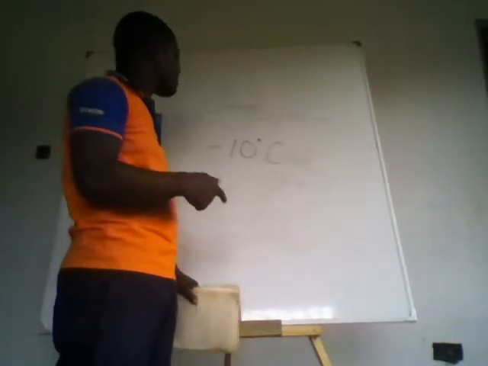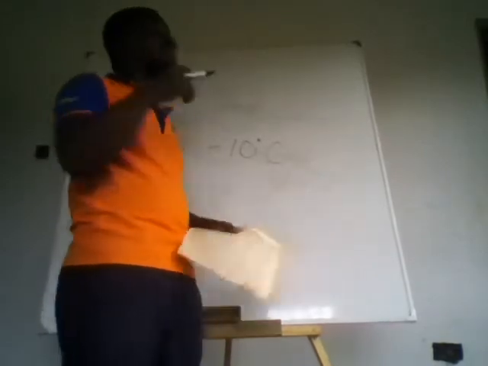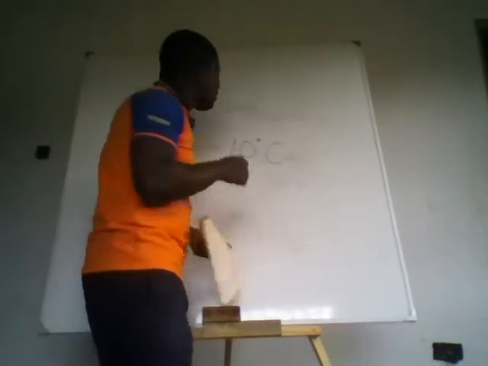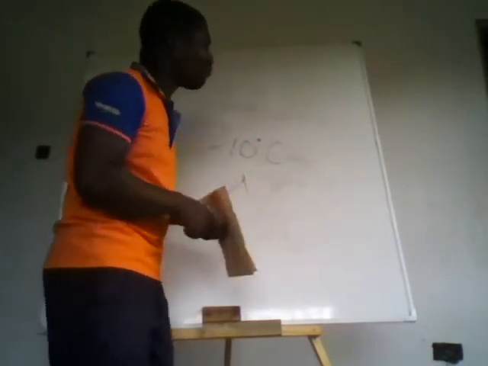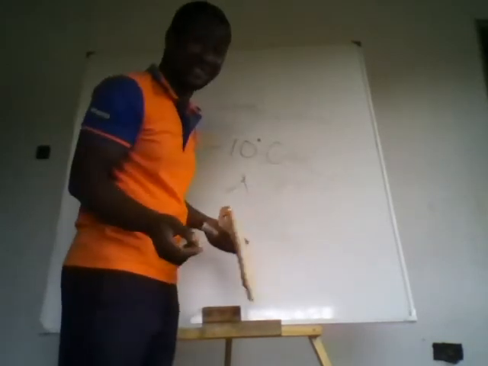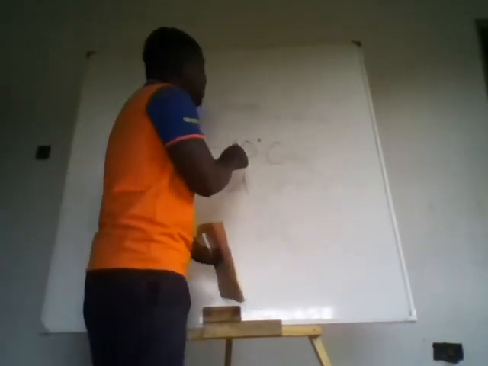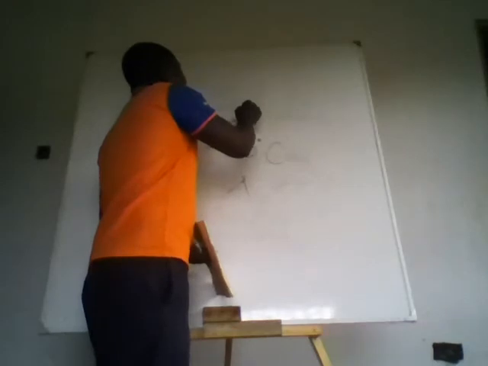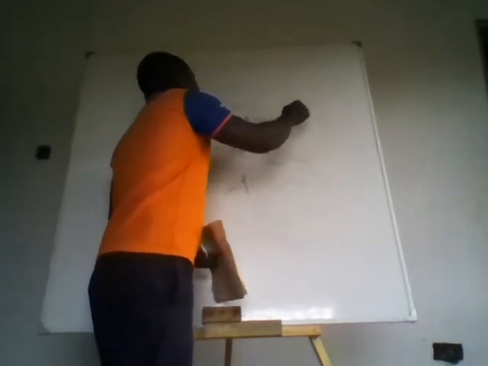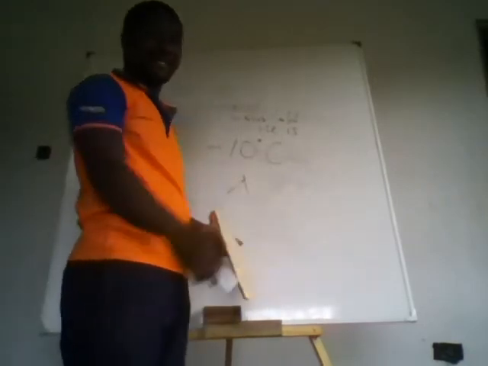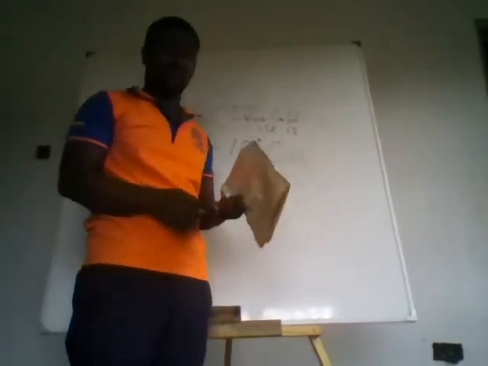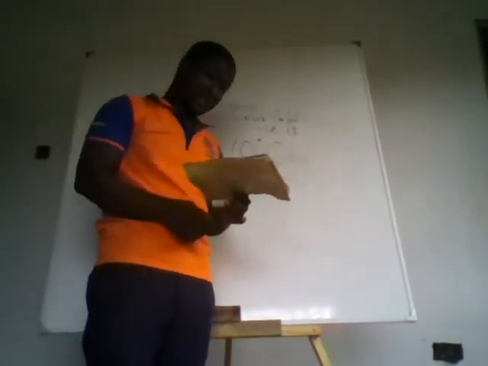It means that if ice can go that far and we can measure the temperature of ice, then indeed we are measuring how hot or cold it is. Because this one, it is about how cold the ice is. Negative 10 degrees Celsius.